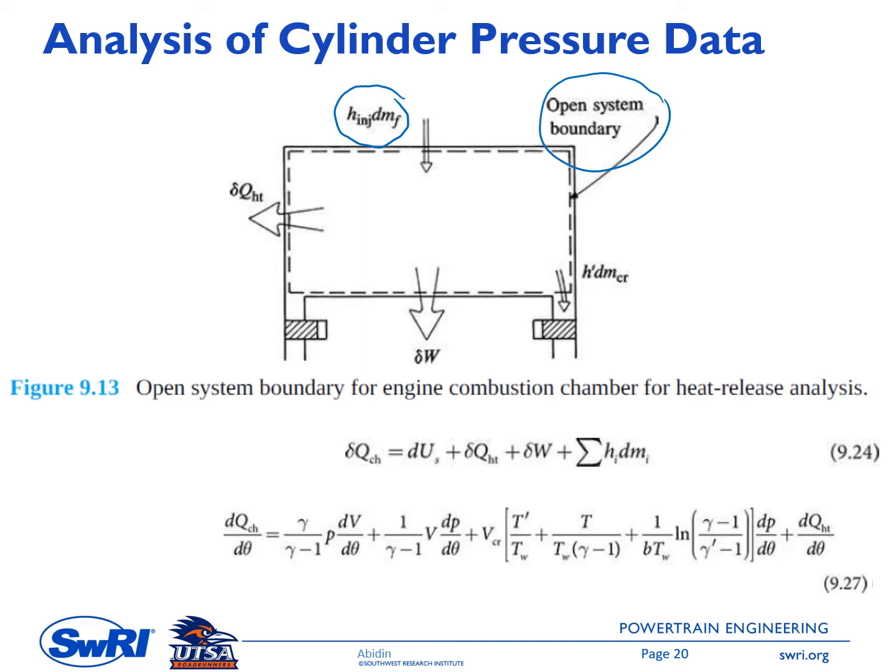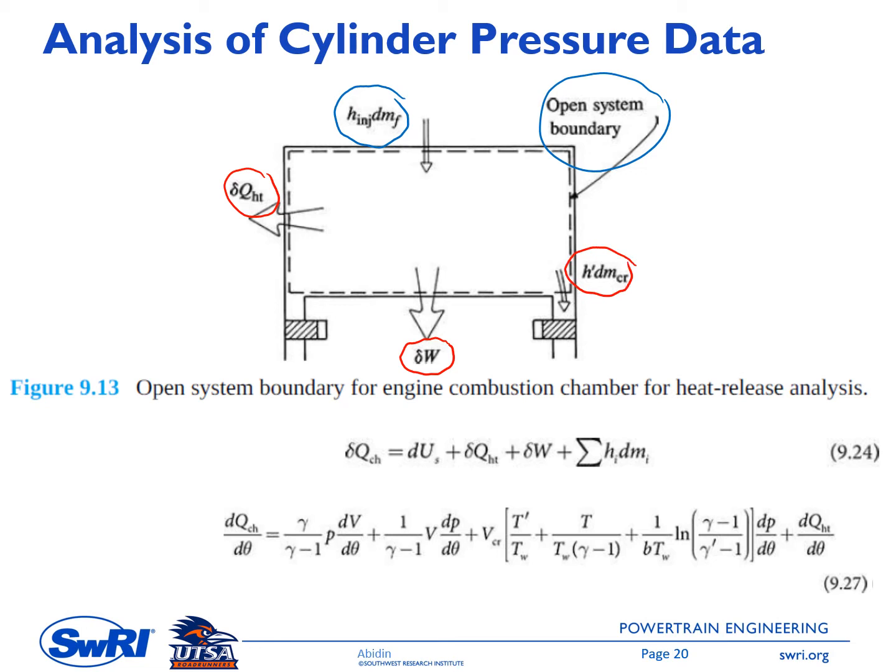Some of the energy is transferred out of the system as wall heat transfer through the liner, piston, and cylinder head. Some of the chemical energy is used to produce mechanical work that is transferred to the piston. Some of the energy flows out of this system through the crevice, which is the blow-by.